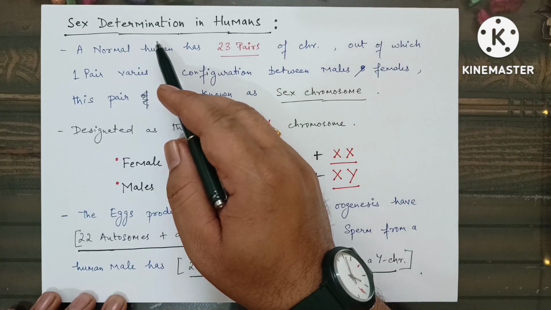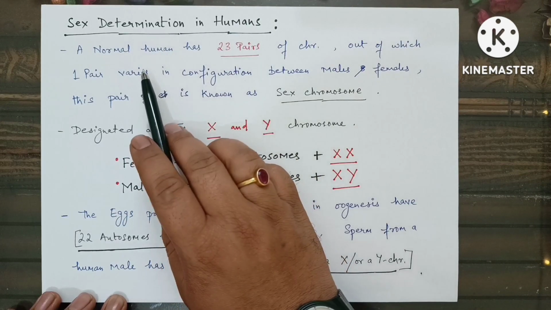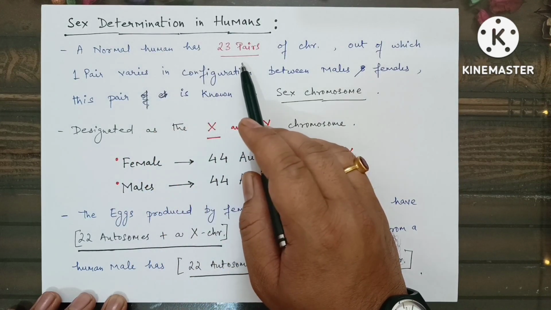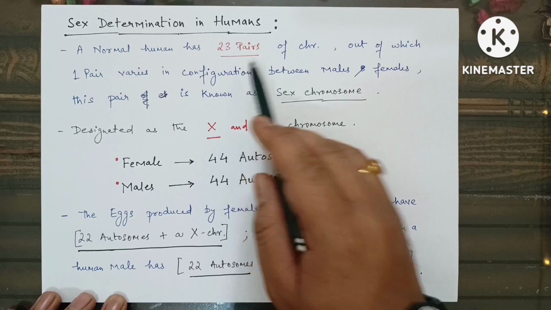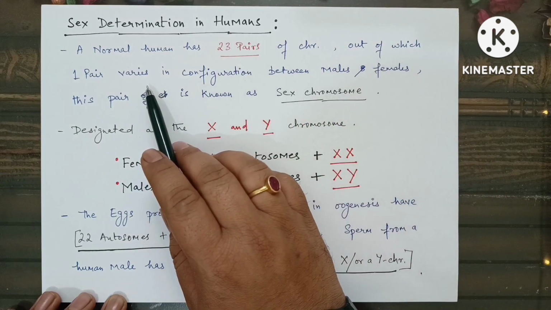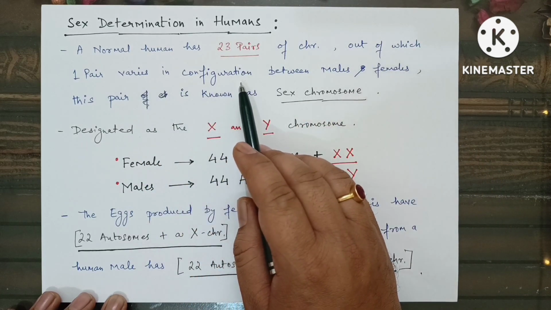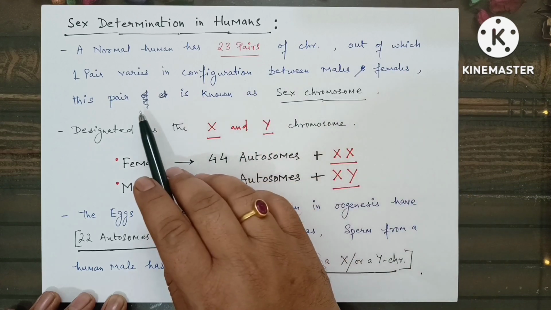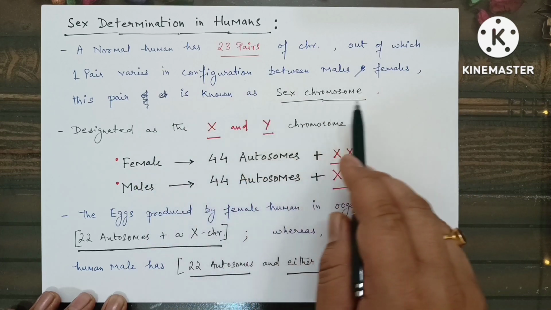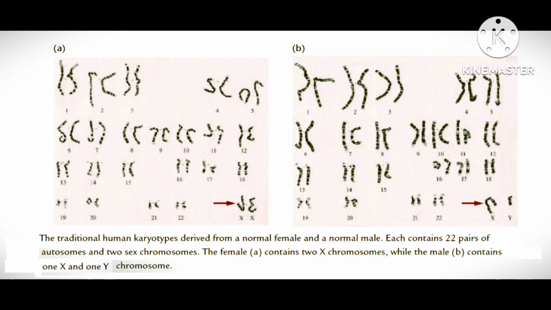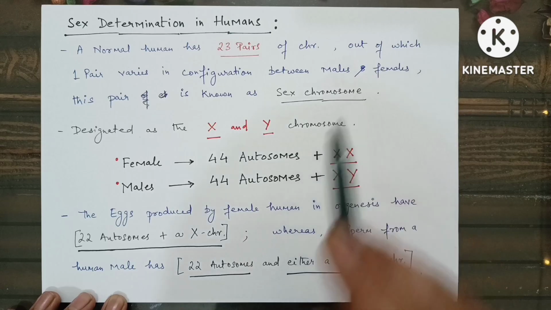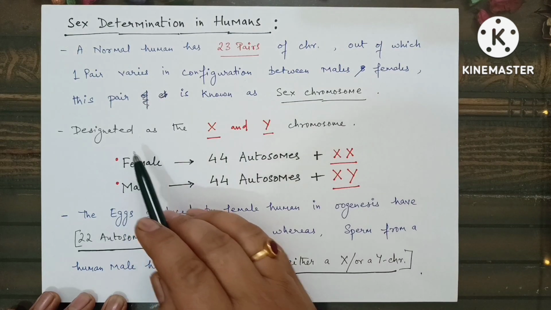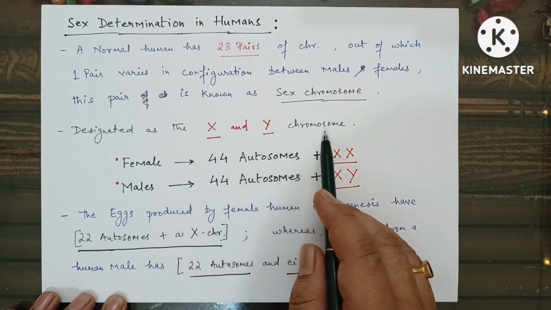Sex determination in humans. A normal human has 23 pairs of chromosomes, out of which one pair varies in configuration between the male and the female. This pair is known as the sex chromosome, designated as the X and the Y chromosome.